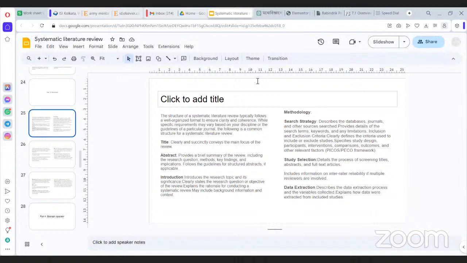Which study you select also depends upon the reviewers. Therefore, systematic review of literature is very much time consuming.